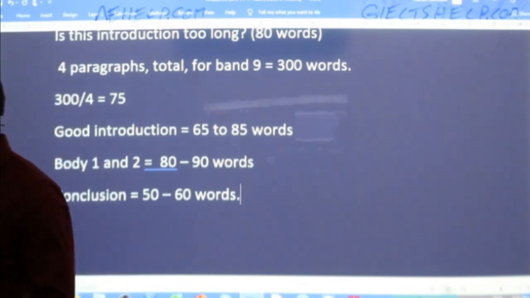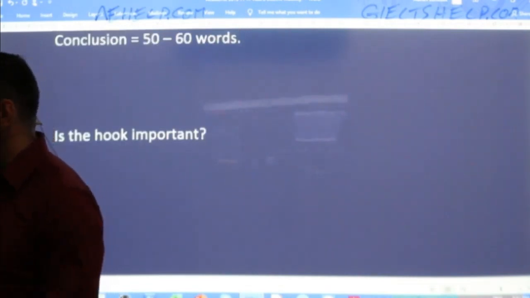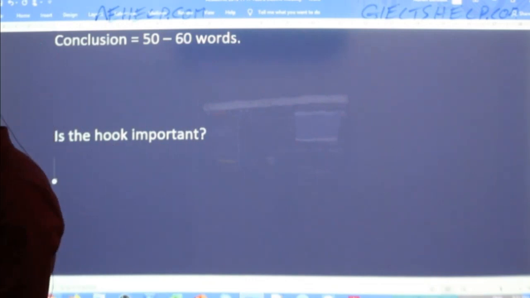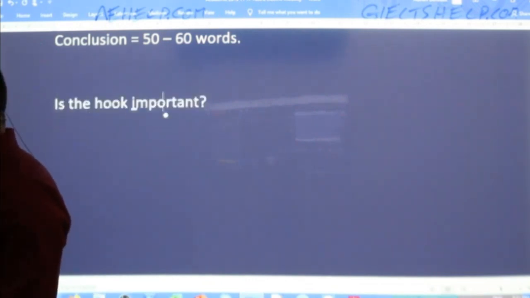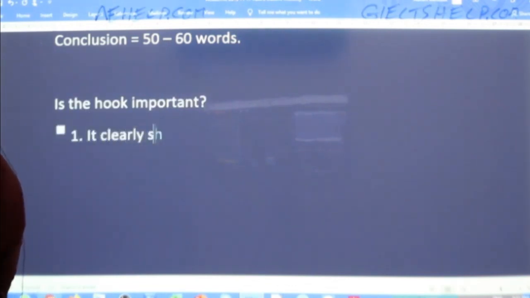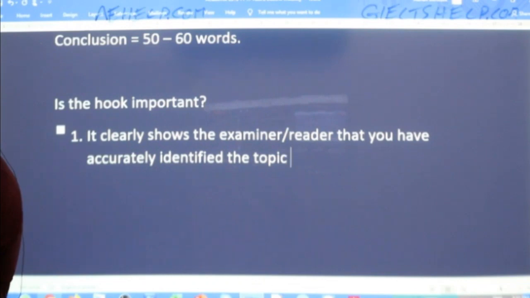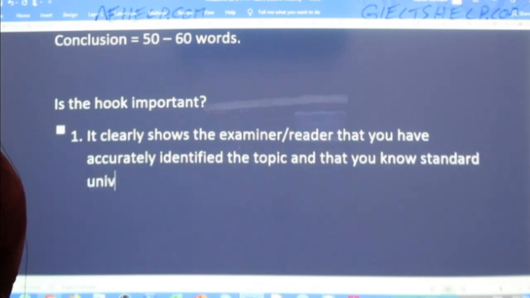All right, so I'm going to stop with the introductory paragraph. Oh, Chabi, yes, the hook is important. I said I would answer that question for 3 reasons. Reason number 1, it clearly shows the examiner, who is also, of course, your reader, that you have accurately identified the topic and that you know standard university level writing structure.